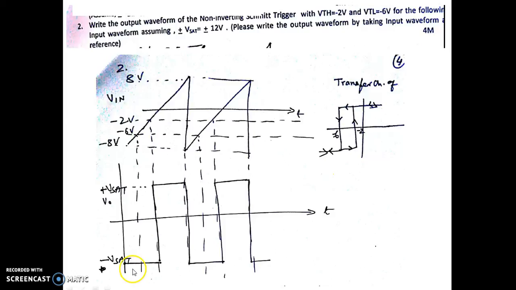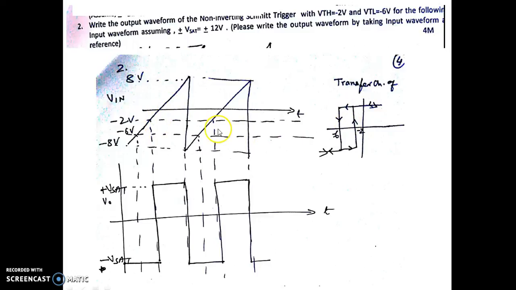So this will still be in minus Vsat till it is minus 2. When the input voltage goes anything more than that, you can see the output is making a transition from minus Vsat to plus Vsat. That is, we are going from here to here when the input voltage is minus 1.9 somewhere.